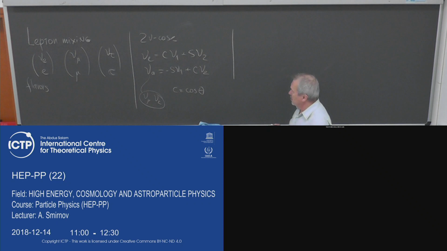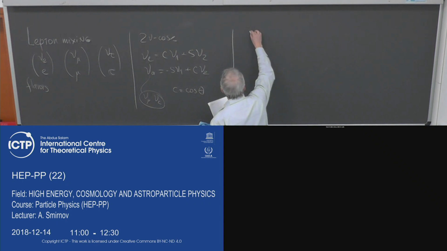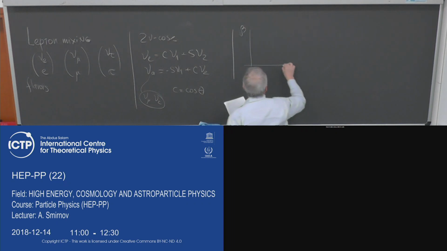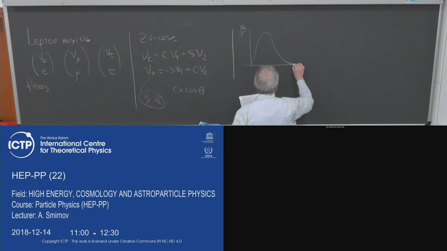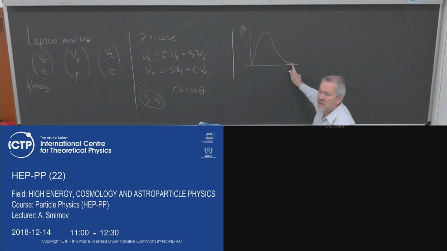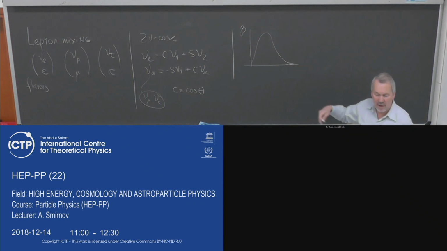The existence of non-zero neutrino masses should actually be seen in the kinematics of some processes. One of these processes is beta decay. In beta decay, you have a spectrum like this, but this is for massless neutrinos, and the end point is the difference of masses of the nuclei which participate.